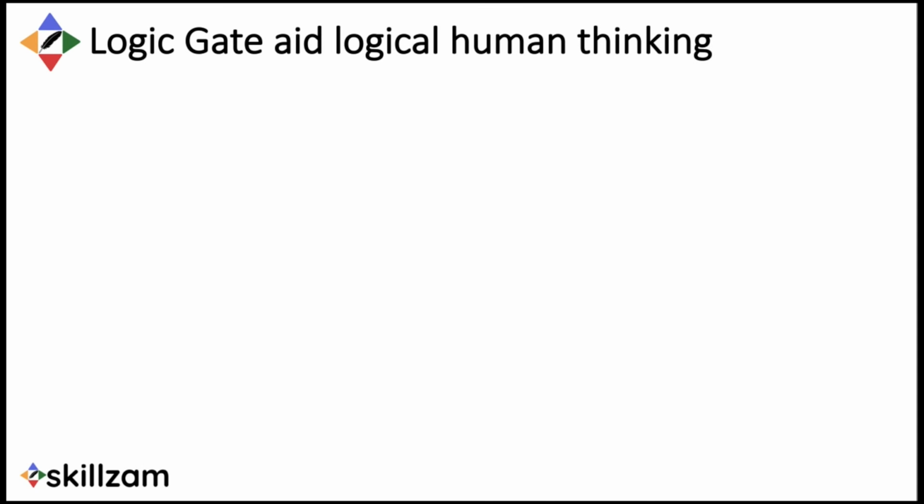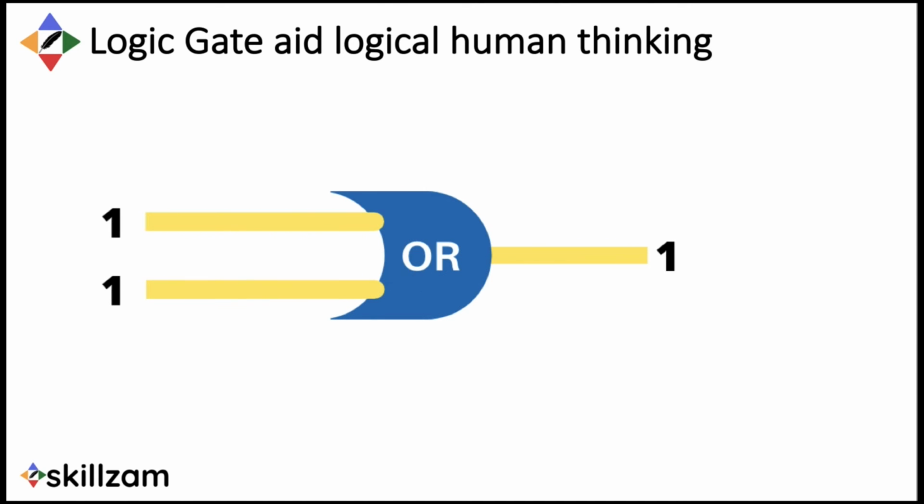Logic gates aid logical human thinking. It might help you to think about what these gates can do in human speech. Consider this OR gate. The first input represents I know to bat, the second input represents I know to ball, and the output represents I can play cricket.